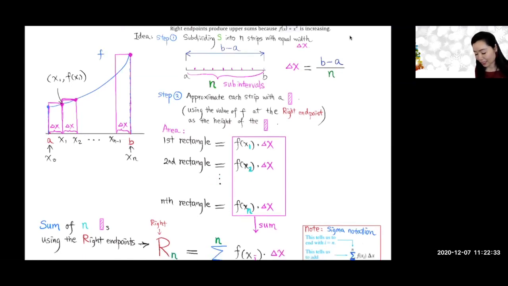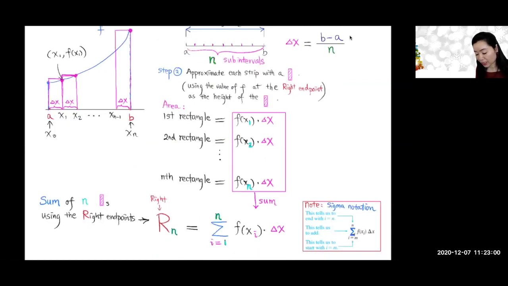And the last one, f of xn times delta x, is the area of the last rectangle. Notice I divide the interval a to b into n subintervals, so a corresponds to x0, then x1, x2, and the last one, b, is xn.